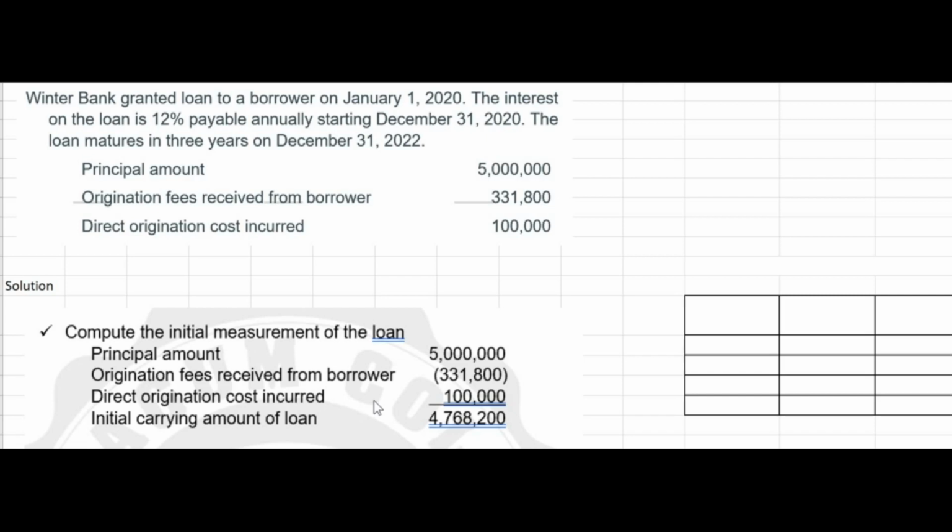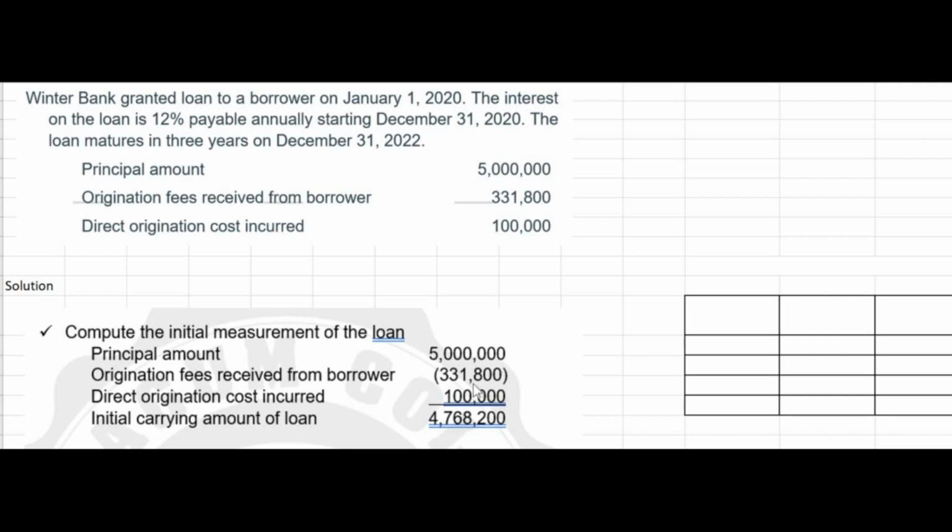Kasi nga, ito gastos din natin or gastos ng company. So, in short, 5 million here is a cash out from the bank or the financial institution as well as the direct origination cost. Yun mga cash out yan, nagpalabas tayo ng pera: 5 million tsaka 100,000 for the direct origination cost or transaction cost.